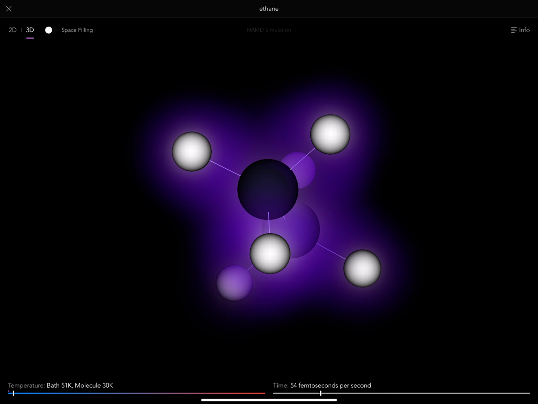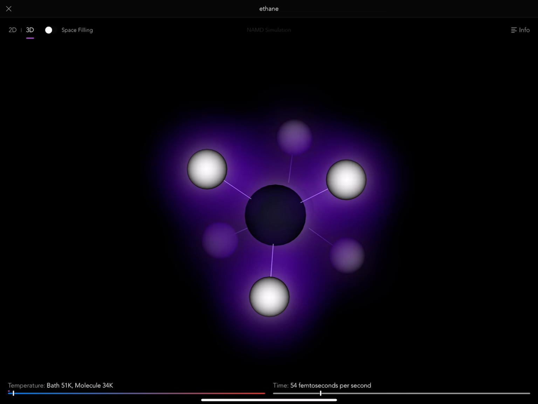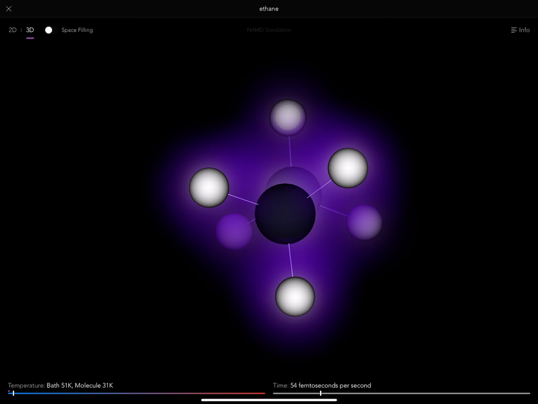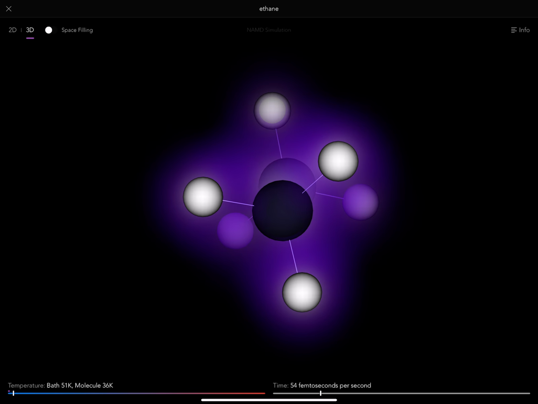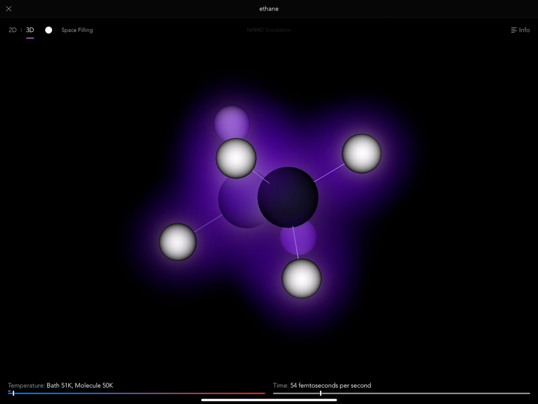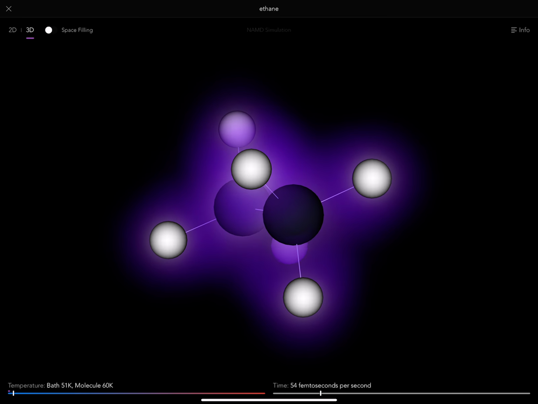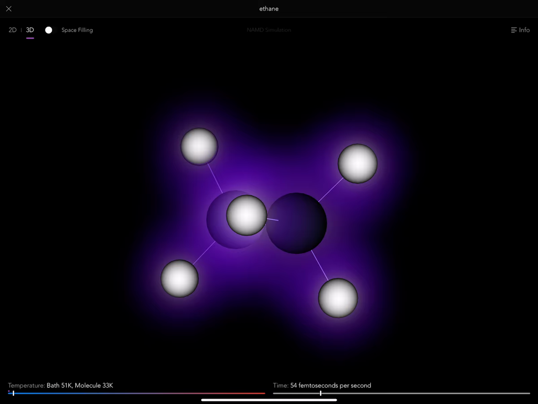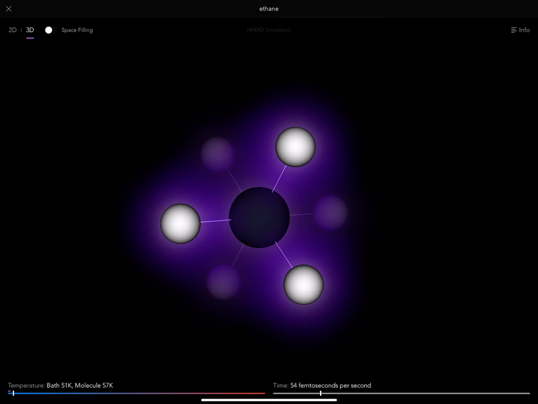And do you see how from this perspective, the CHs in the front look like they're separated from each other by 120 degrees? Now you know that a bond angle on an sp3 hybridized carbon is really 109, but if you collapse it into two dimensions, it looks like 120. So that's called the Newman projection.